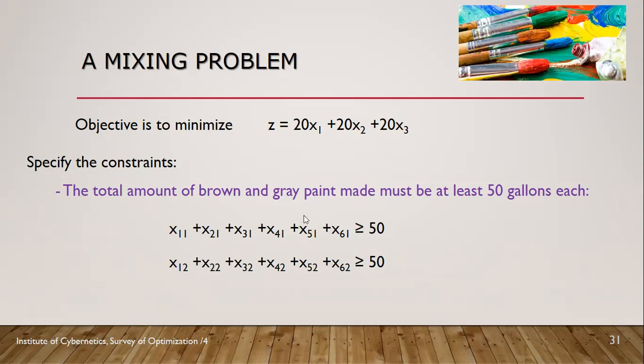In this inequality, the indices 1, 2, 3, 4, 5, 6 stand for the available paints, and 1 stands for brown, that we need to receive the brown color. Similarly, we develop the next inequality constraint for gray paint. So this is what we need to obtain.